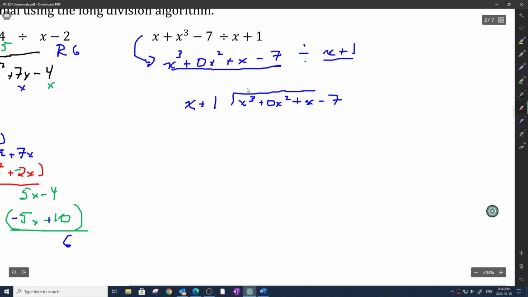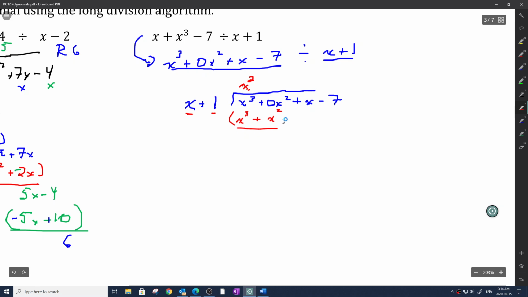X times what gives me x cubed? Well, x squared. X squared times my divisor, I have to multiply both terms. X squared times x gives me x cubed. X squared times positive 1 gives me x squared.